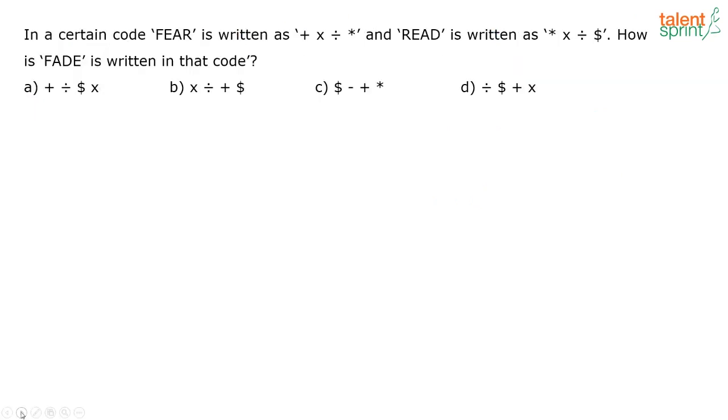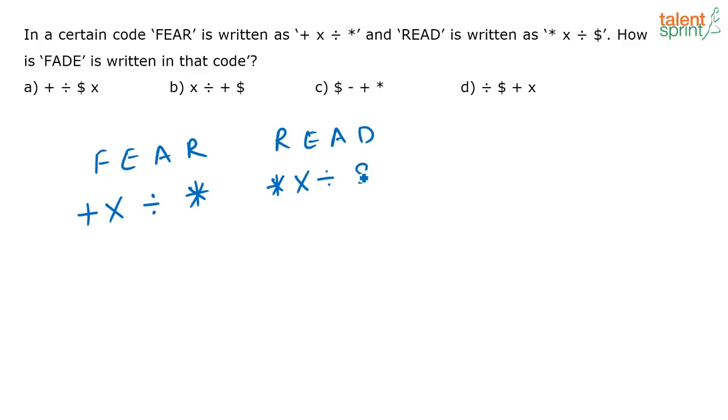Next one. So next question is a question on symbol coding wherein each letter in the word is coded with a symbol. Okay, so what have they done here? Fear is coded as plus, into, divided by, asterisk. Read is coded as asterisk, into, divided by, dollar. Now you have to find out the code for fade. Very easy, no?